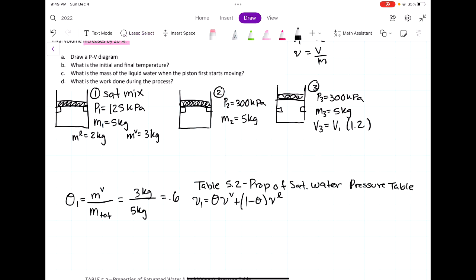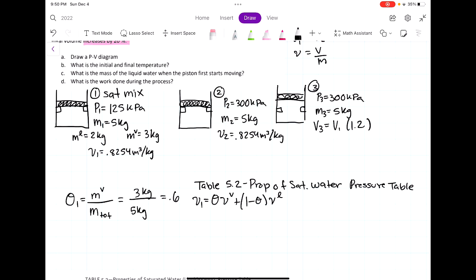So we know that v1 and v2 are the same, right? Because, again, the piston cylinder does not move. It's still on the set of stops. So we know that v1 is equal to 0.8254 meters cubed per kilogram. And we also know that v2 is equal to 0.8254 meters cubed per kilogram.